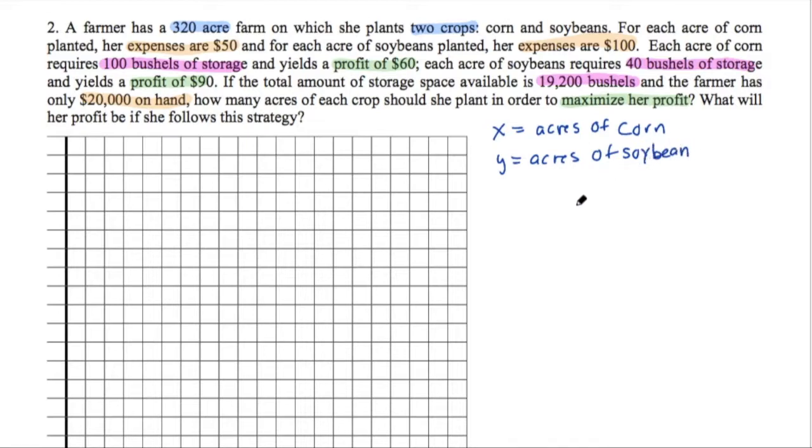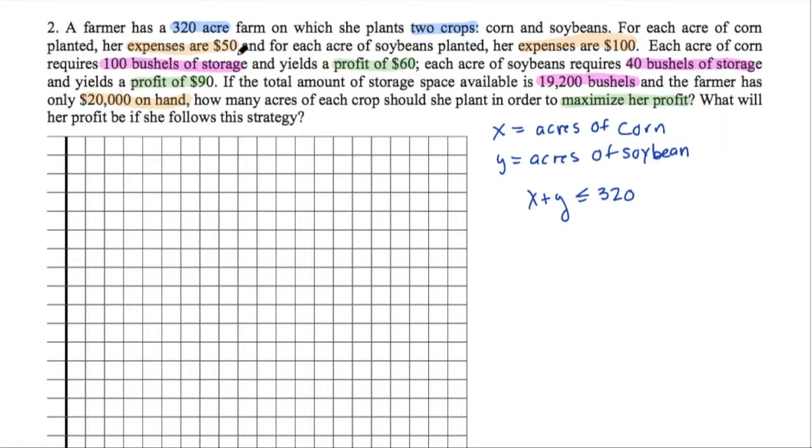So if there's 320 acres together and those are the two plants, we clearly know that X plus Y must be less than or equal to 320. She can't plant more than that. She probably should plant all of that, but she could plant less than the 320 acres if that was a good plan for her.